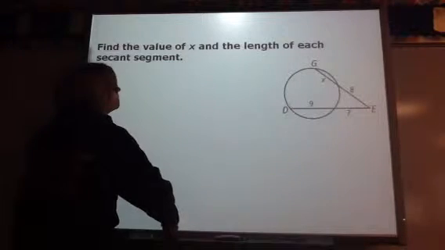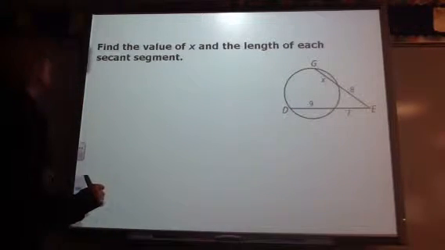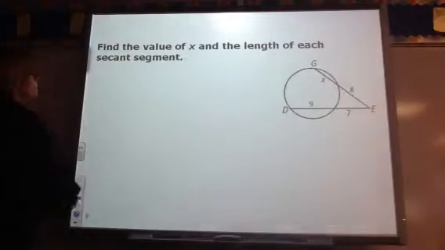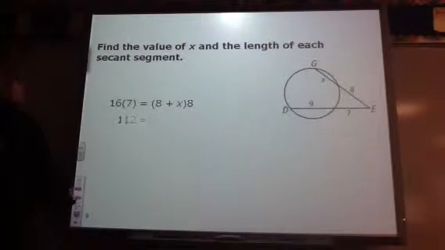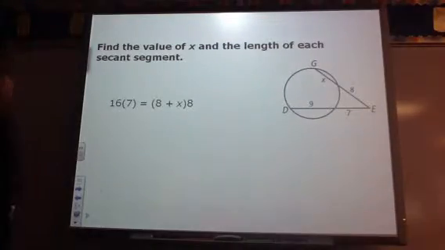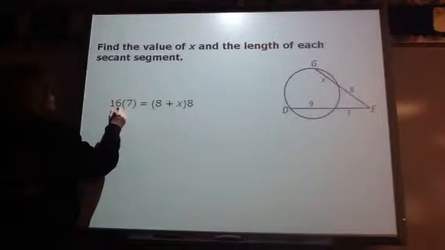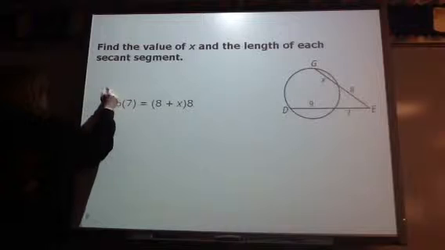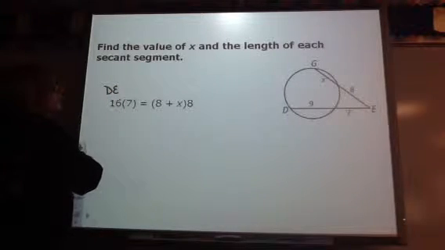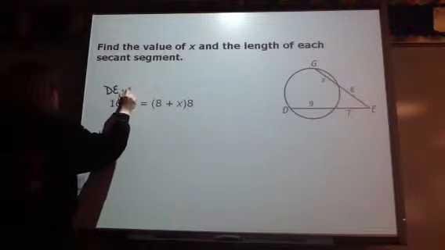So let's apply. We've got two secants here. So I have secant DE times 7.